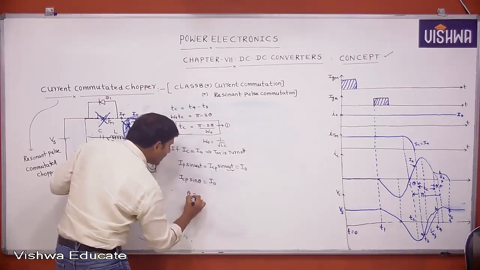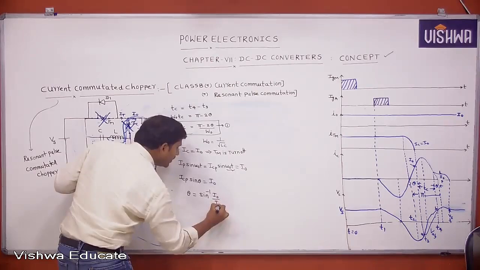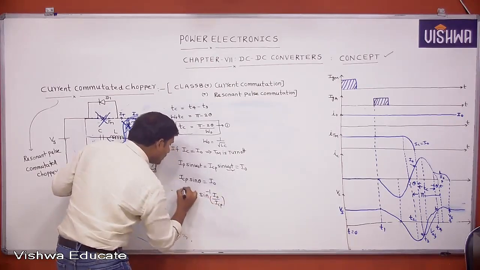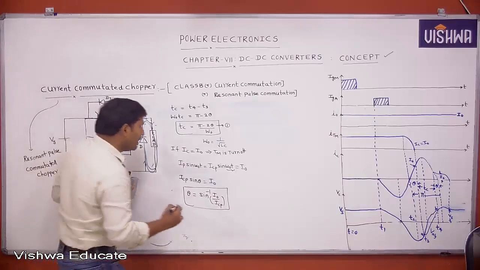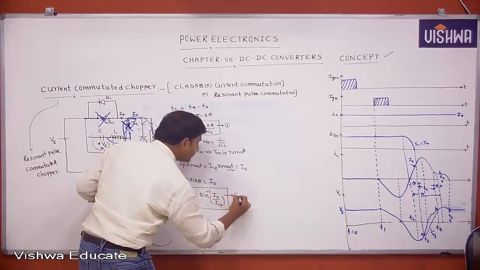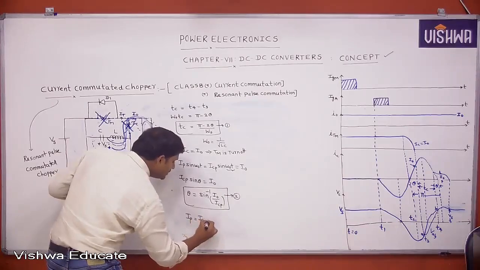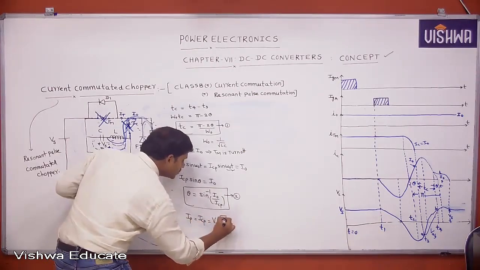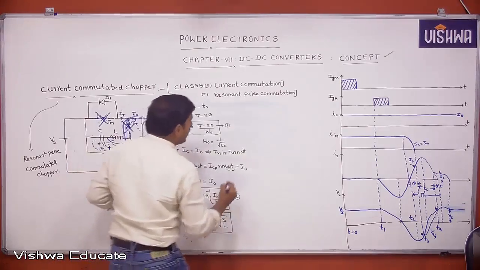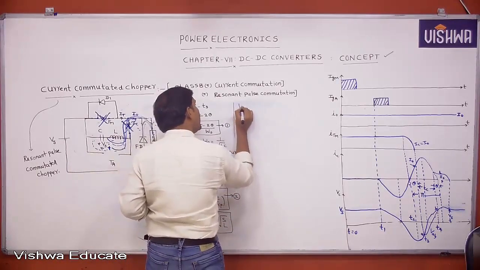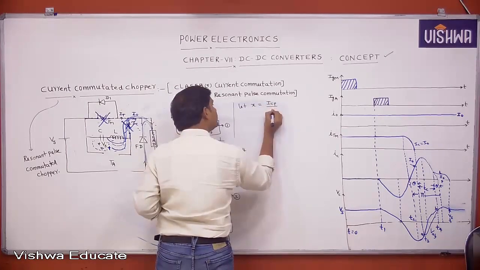From this, theta equals sin inverse of I naught by ICP. Let this be equation 2. But you know that ICP in an LC circuit is Vs into square root of C by L. Let the ratio X equal ICP by I naught.